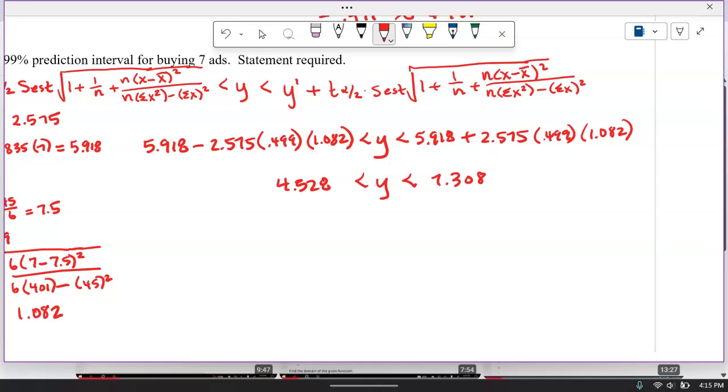Now, remember, we're predicting a 99% confidence interval for sales of 7 ads. You want to be able to make a promise to them, a guarantee of sorts. Your conclusion here, now remember, these are in thousands, so 4,528 up to 7,308 is what's possible.